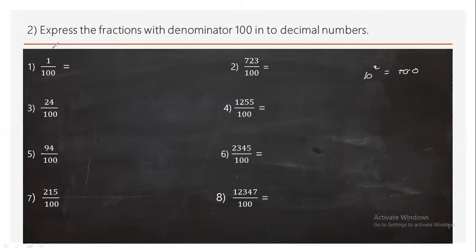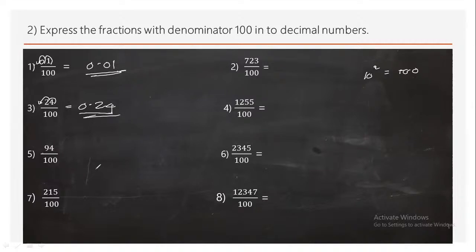When dividing by 100, the decimal point in the numerator moves 2 places towards the left-hand side. Now the decimal is here, 0.01. When dividing by 100, it moves 2 decimal places towards the left-hand side, so 0.24.